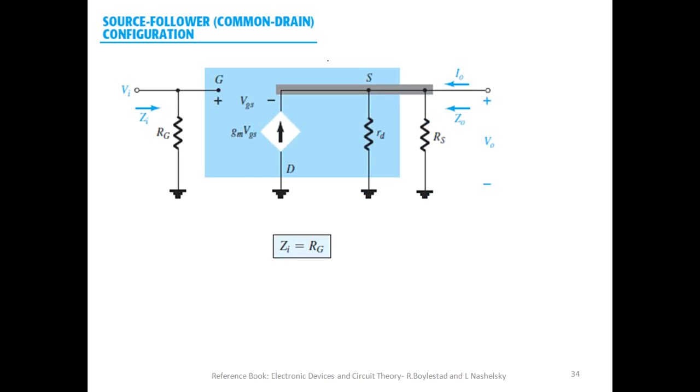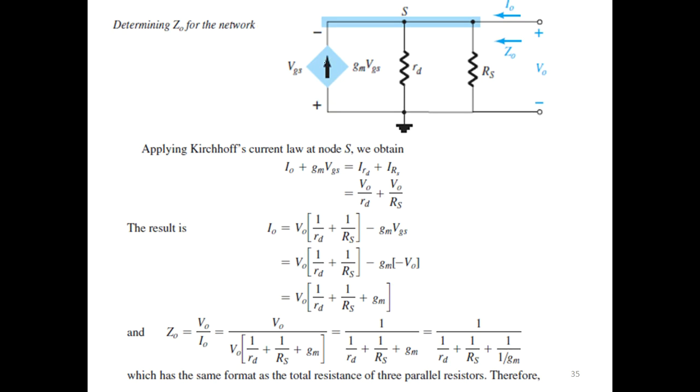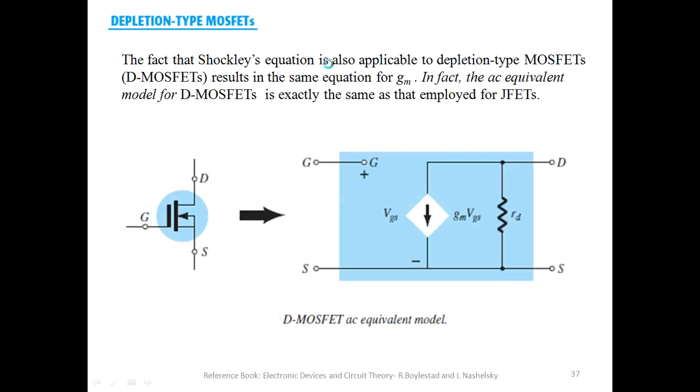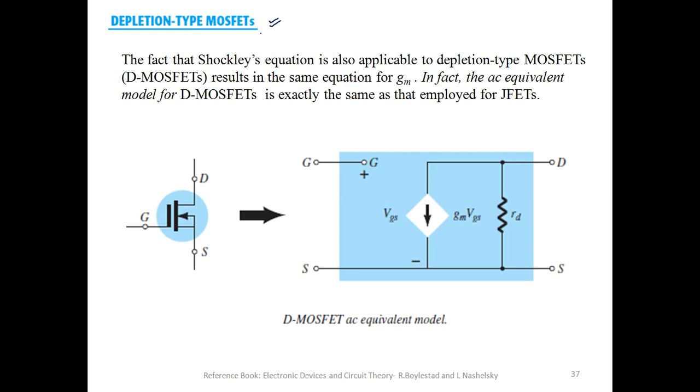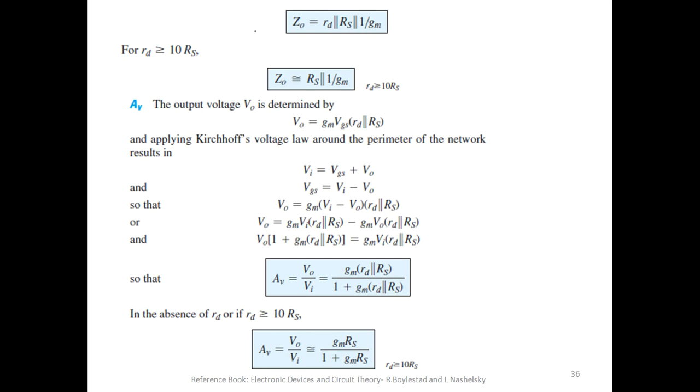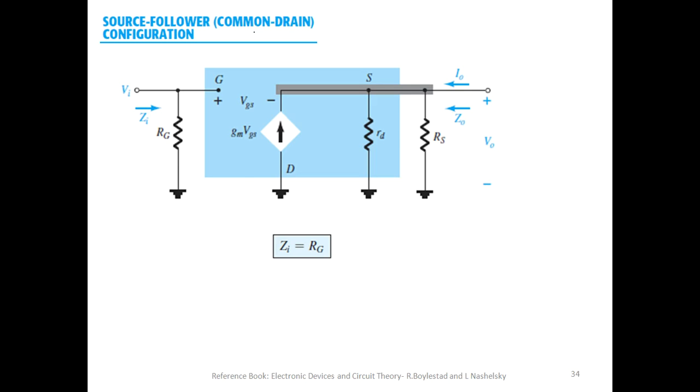It has certain characteristics, so we'll try to discuss it in our next class, followed by the small signal AC equivalents of depletion type MOSFETs and also enhancement type MOSFETs. We'll discuss whether there are any similarities or differences between the small signal AC equivalents of depletion and enhancement type MOSFETs when compared to our traditional JFET AC equivalents.